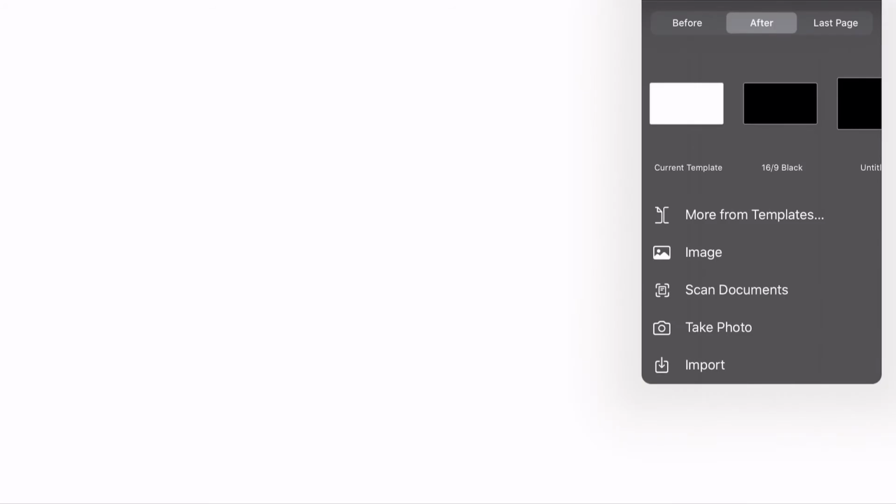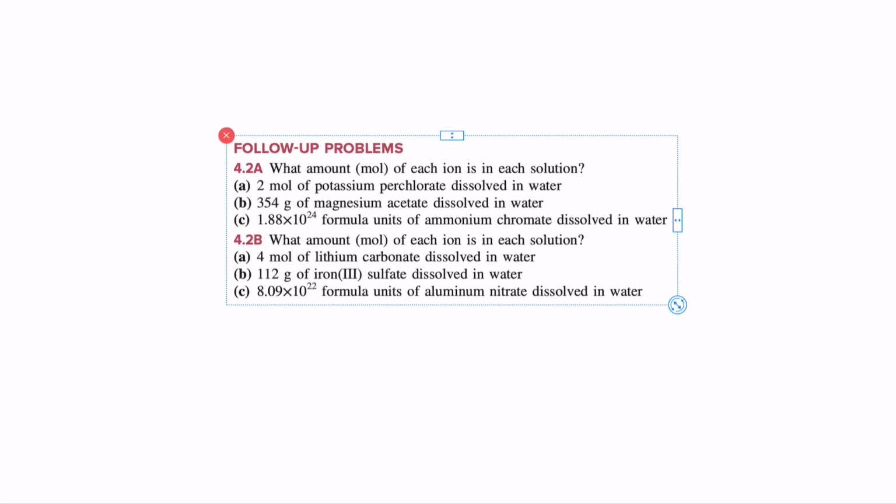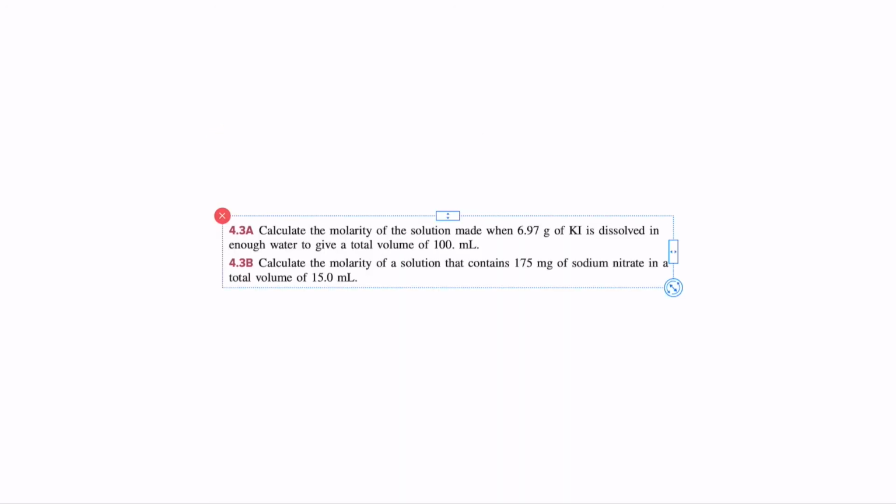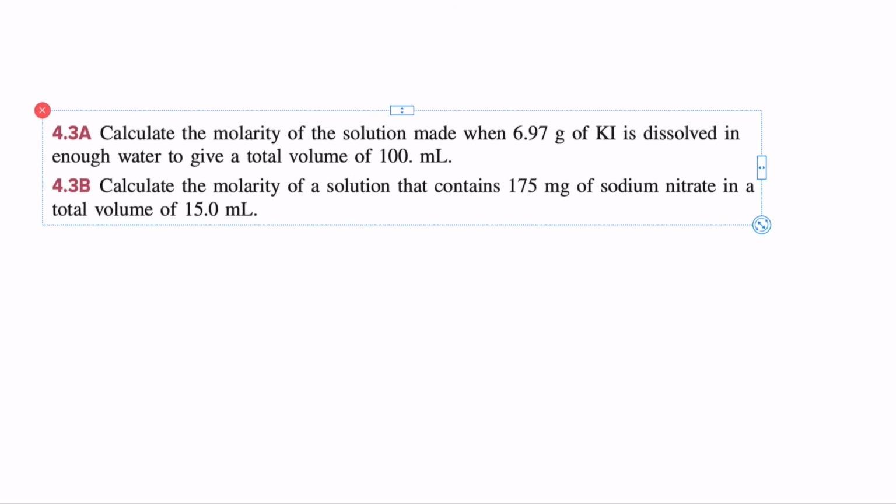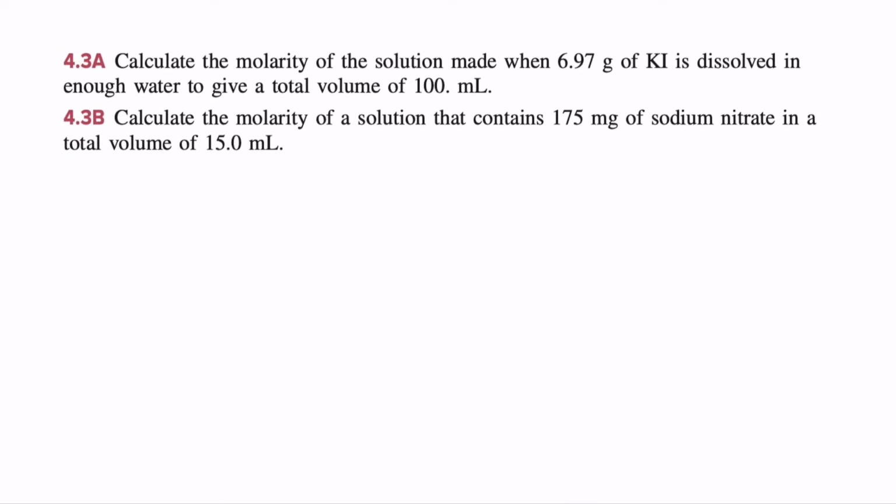Let me give you some practice problems so that you can do these on your own. Try these two problems. In the first, the quantity is given in mass, so convert mass into moles using the formula n equals mass by molar mass.